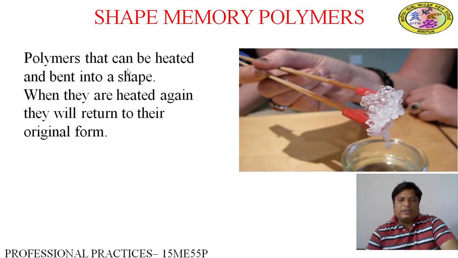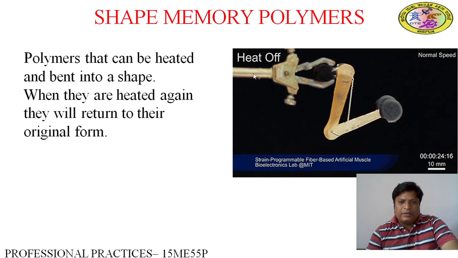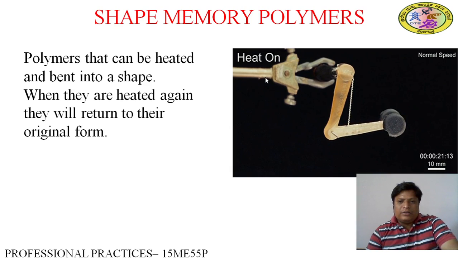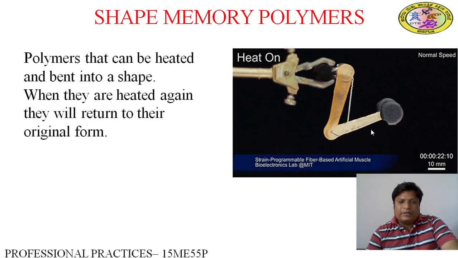These are some shape memory polymers. This is made up of the shape memory polymer. When heat is off, it regains its original position. When heat is on, again it returns to its original form.